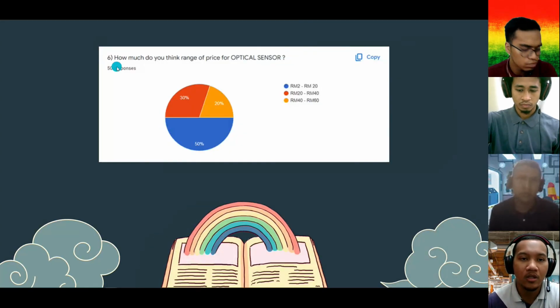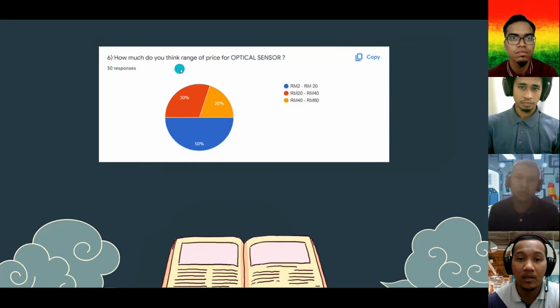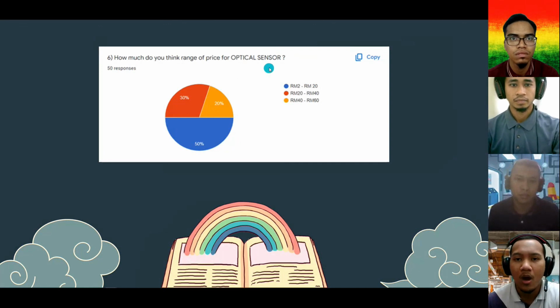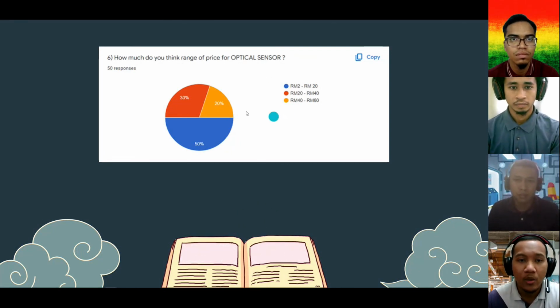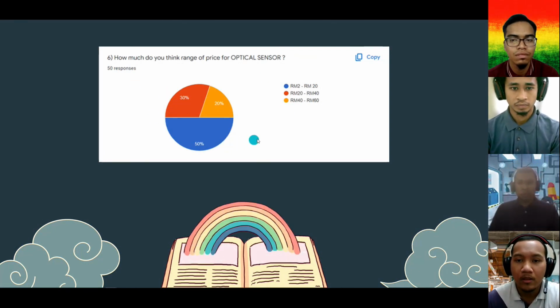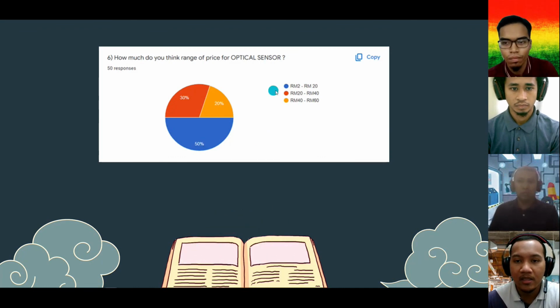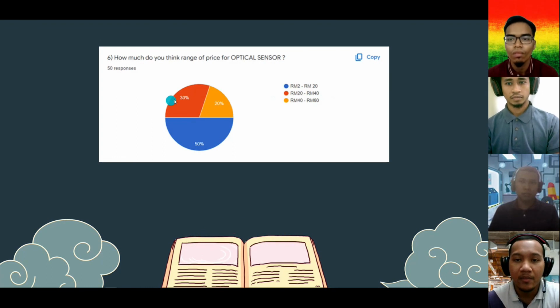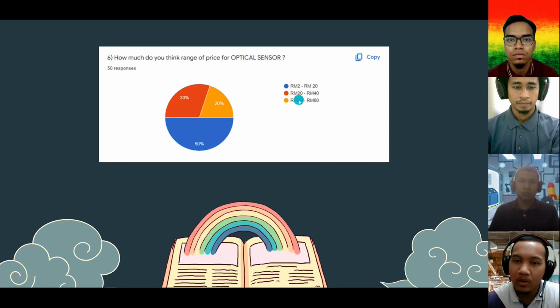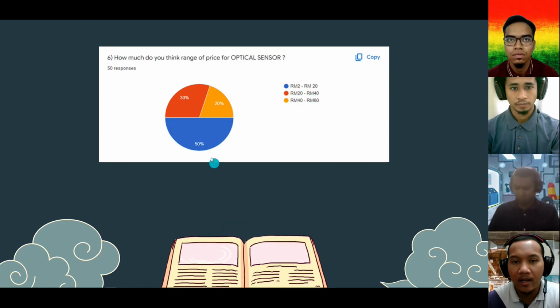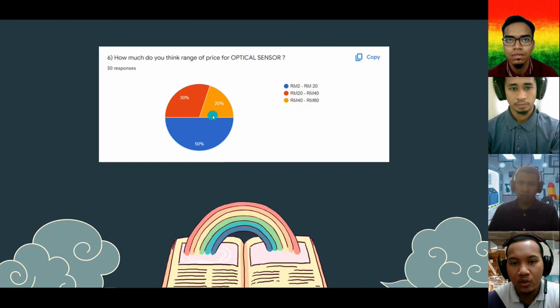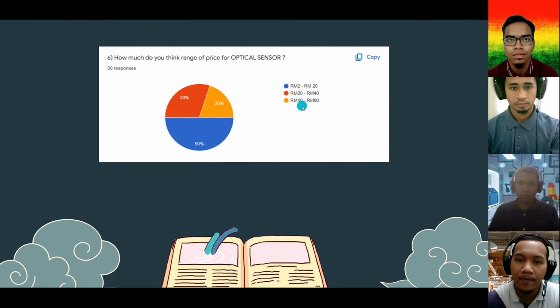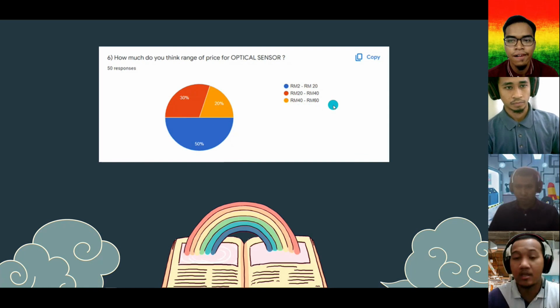Next, question number 6: how much do you think is the price range for an optical sensor? 50% said about 2 ringgit to 20 ringgit, 30% said 20 ringgit to 40 ringgit, and the last 20% said 40 ringgit to 60 ringgit.